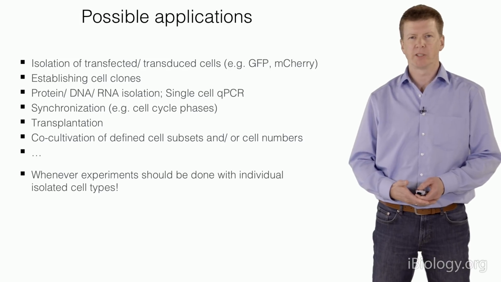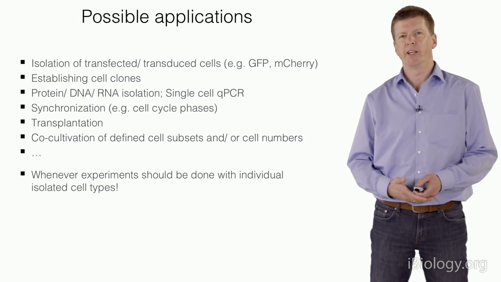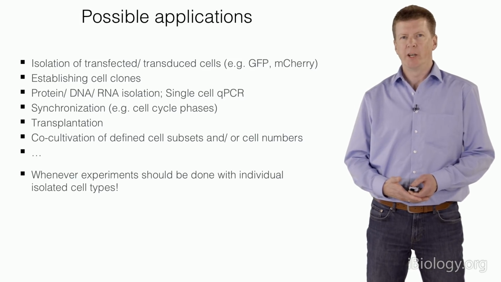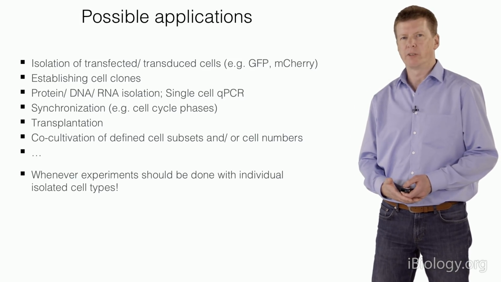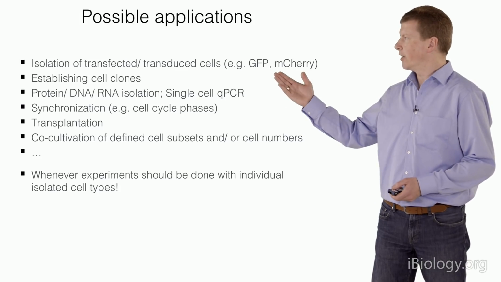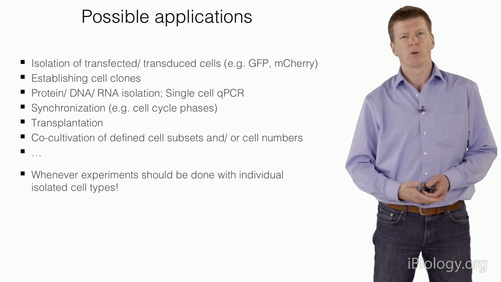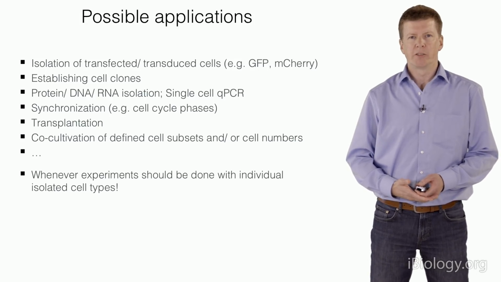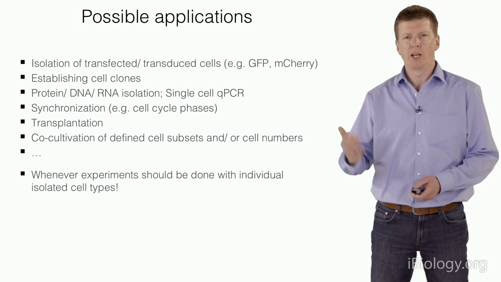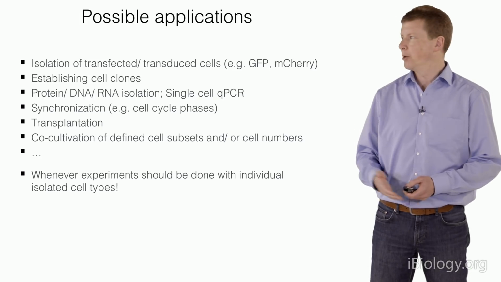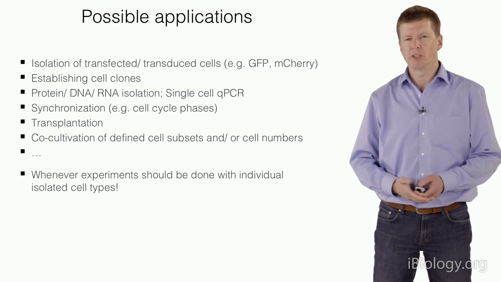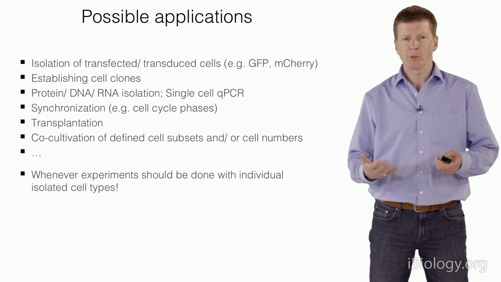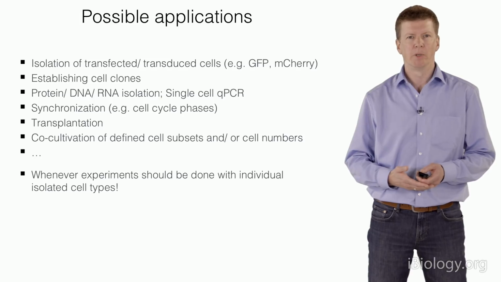But in the meantime, cell sorting has established itself as a very important technology in biomedical research, with a lot of different applications, starting with so-called GTL, where we separate GFP transduced cells, because we maybe also want to establish cell clones with them. We want to synchronize cells for cell cycle, transplant them.